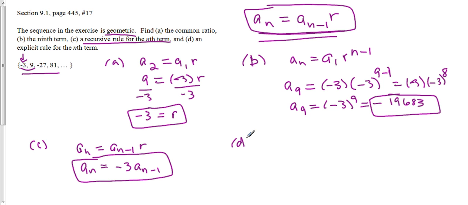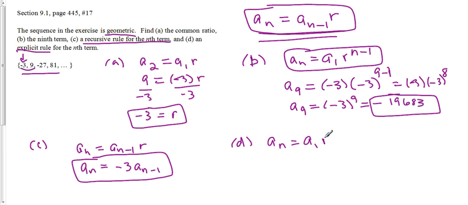Part D asks me now to find an explicit rule, which means I want to use this equation here. So I've got a_n is equal to a1 r to the n minus 1, and we can substitute things in. I know that a1 is my first term, which is -3. I know that r is equal to -3, and I raise that to the n minus 1.